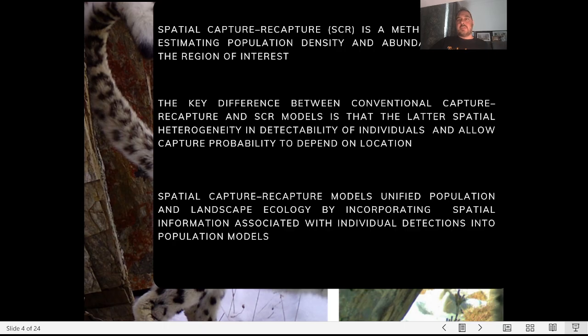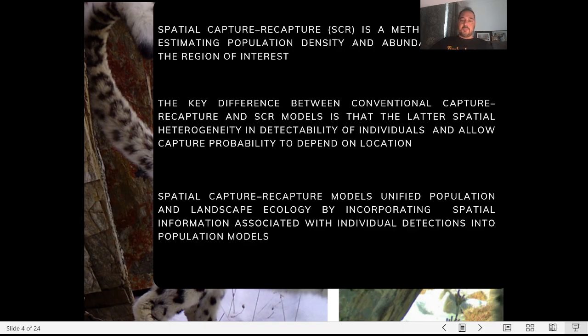While in the conventional capture-recapture we really need a random deployment of camera traps or whatever detector with a regular grid, in the spatial capture-recapture we have a little more flexibility on the sampling. Of course, the more regular and systematic the sampling is, the better, but anyway, as I said, there is a higher flexibility in the sampling.